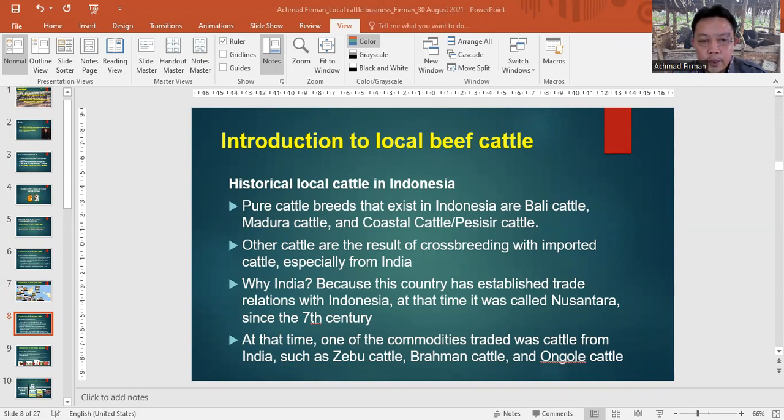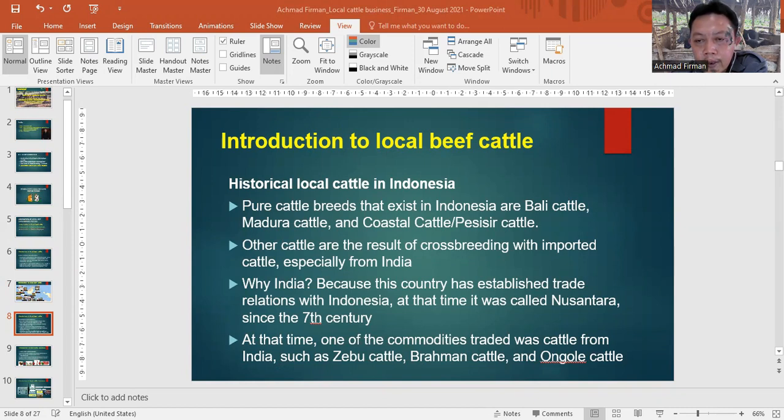Why India to be concerned? Since the 7th century, India and Indonesia, called Nusantara at that time, have established a trade relationship. At the time, trade was carried out by sea. The coast became a place for ships to dock for trade.